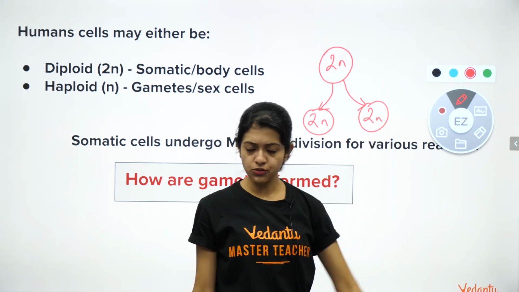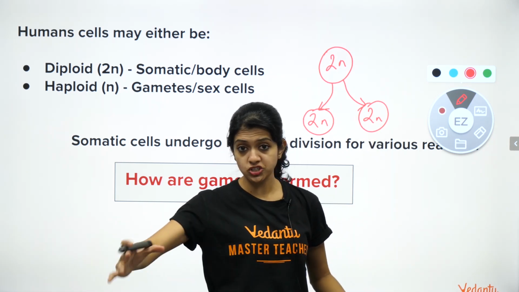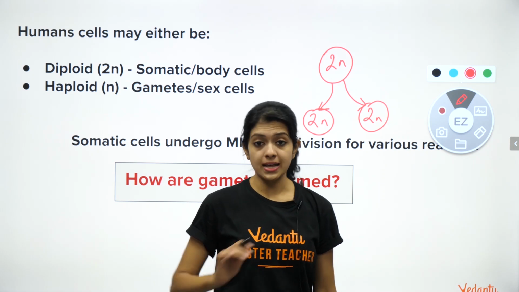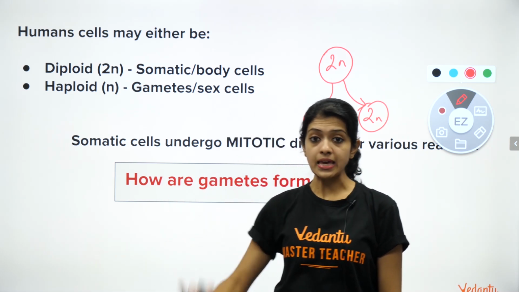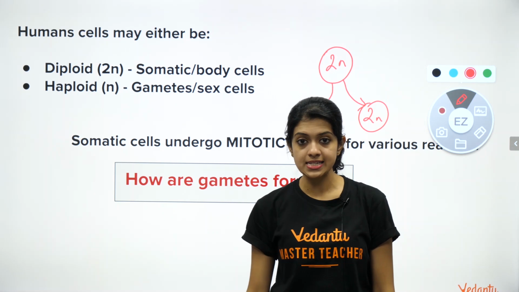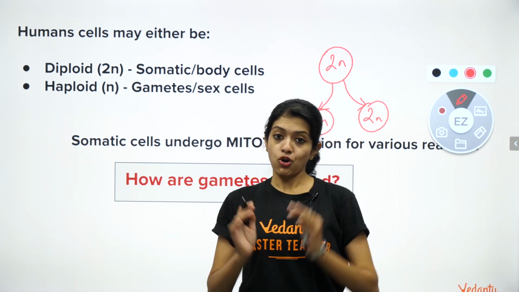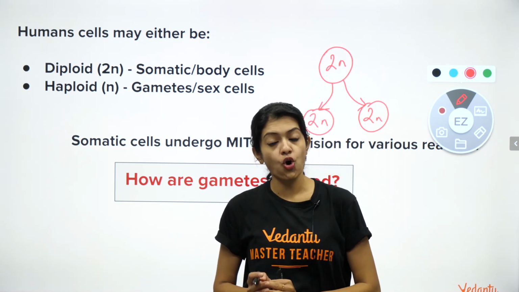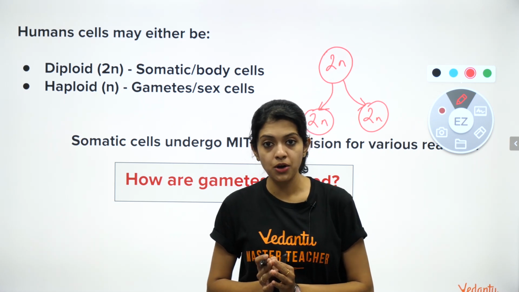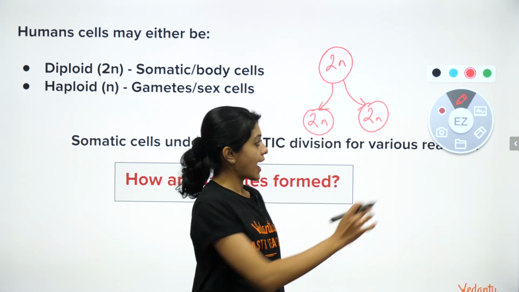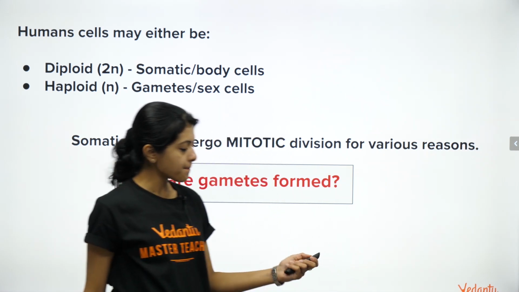This was a pretty straightforward process that happened in the stages that we have seen. But to form gametes or haploid cells, another process has to happen, which is what meiosis is all about. So let's look at the details of meiosis.